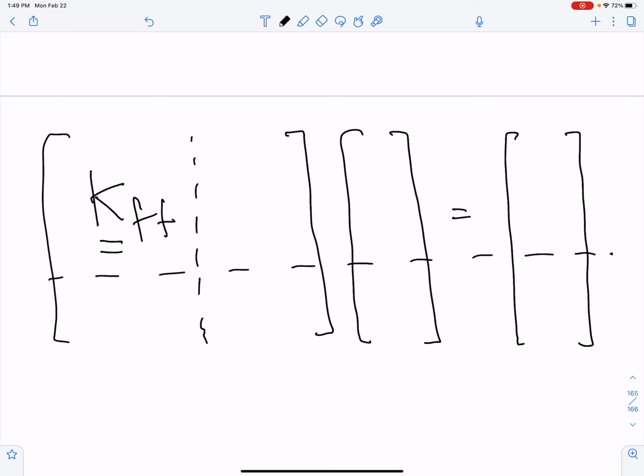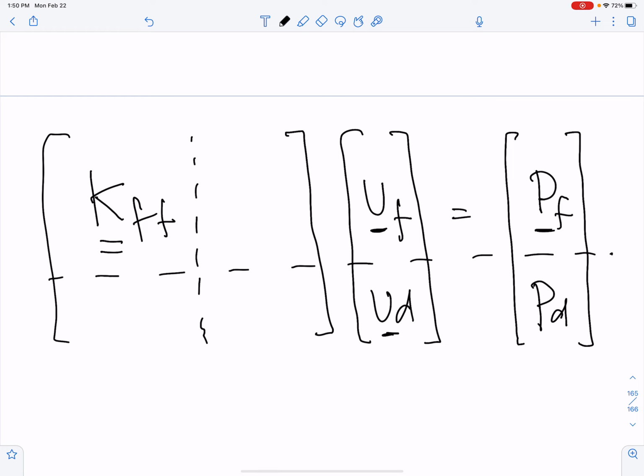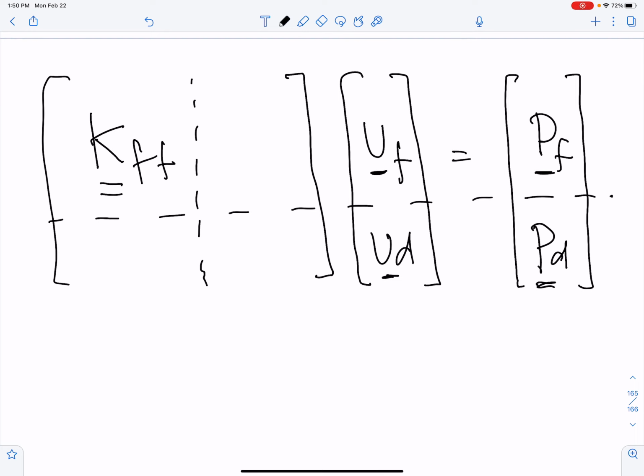In this part of your unknown vector, you put your UF, and in this part of the forcing, nodal forces, you put PF. Then you populate the rest of the displacement vector by UD. Remember, these are the displacements at the prescribed degrees of freedom. And here you put your PD, which are forces acting at the prescribed degrees of freedom. In other words, exactly your support reactions.